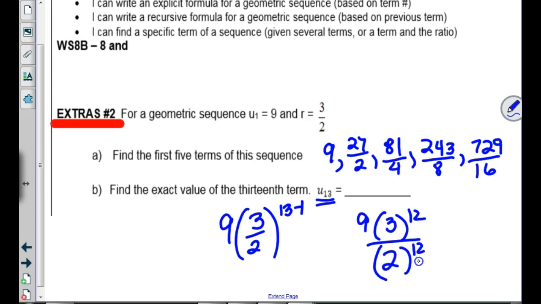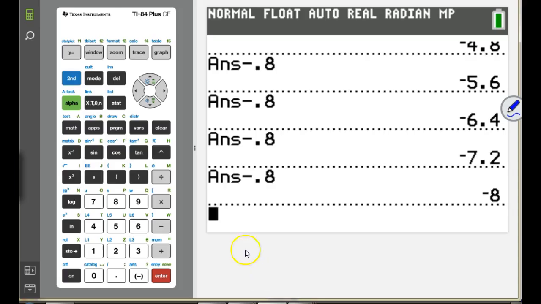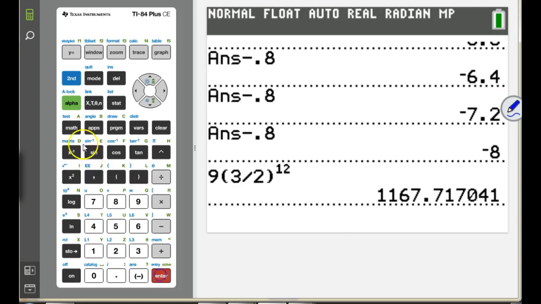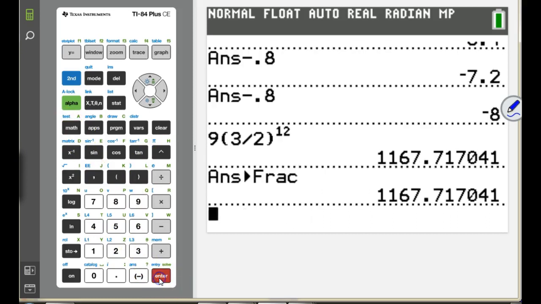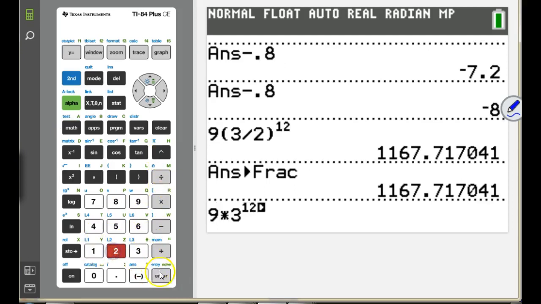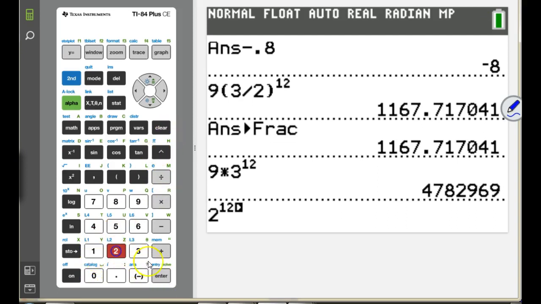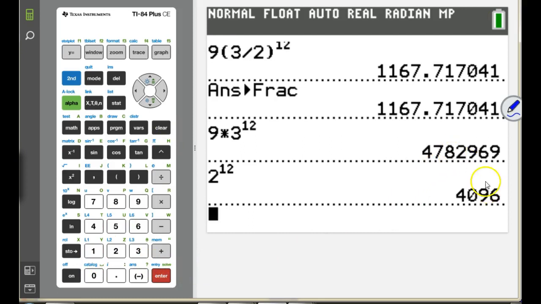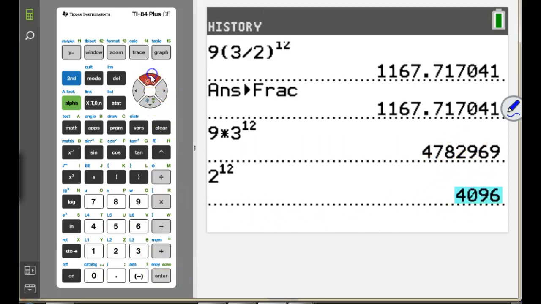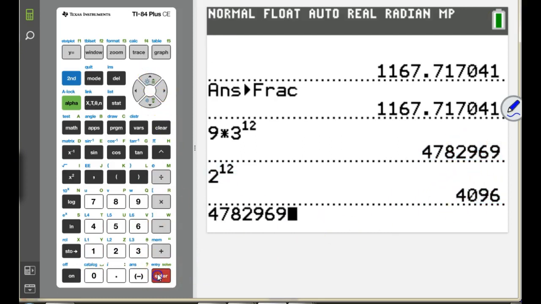If you type 9 times 3 halves to the 12th, does it leave it a fraction for you? Okay, it's not working. So if we do 9 times 3 to the 12th, that goes on the top, and the bottom has a 2 to the 12th. So this is what it should be, and if we could double check that that gave us the same.